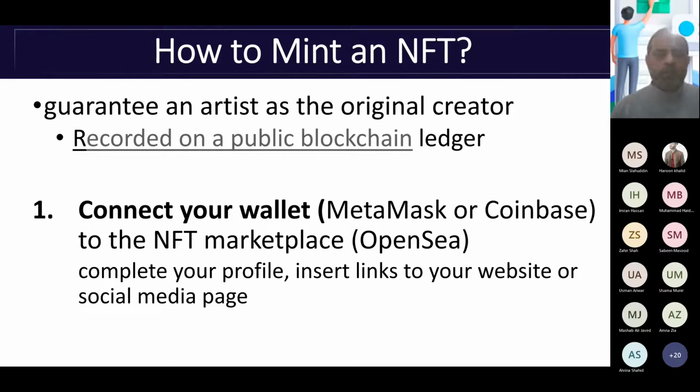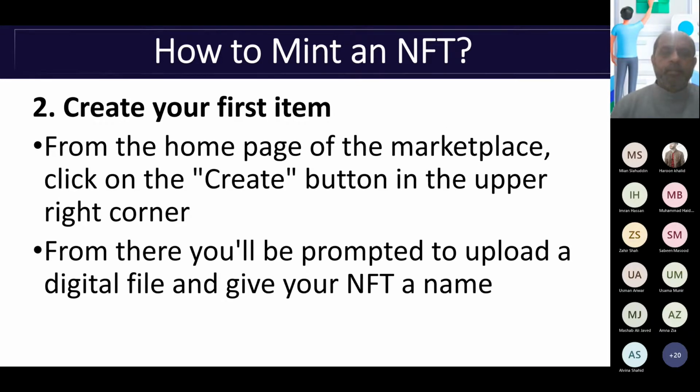For MetaMask, for example, you just download, and then you have to go on OpenSea. It really helps you to create your profile, insert links to your work on your Facebook page or the other stuff, and then you create your first item. So it's again very easy.